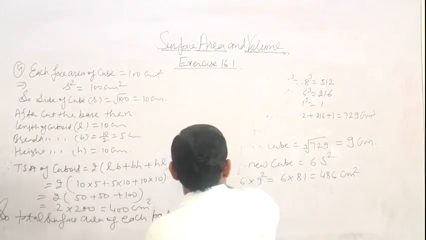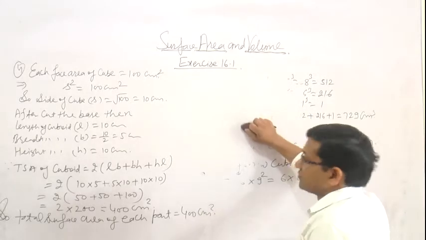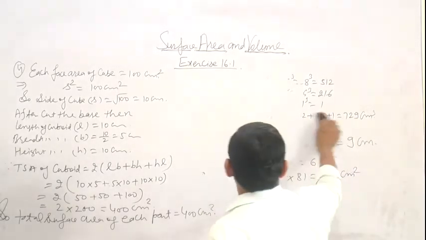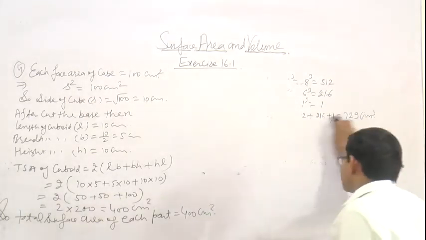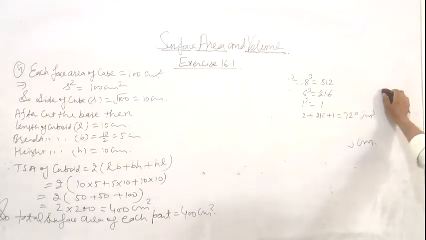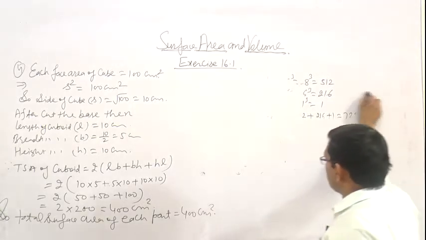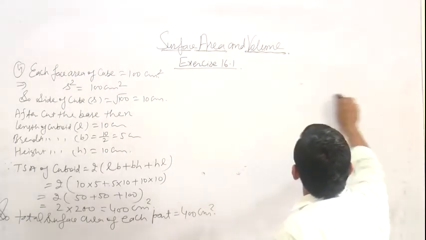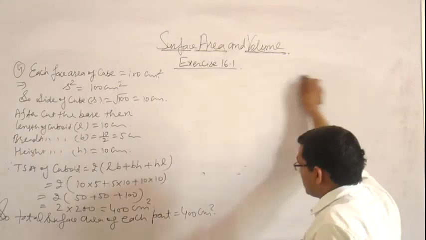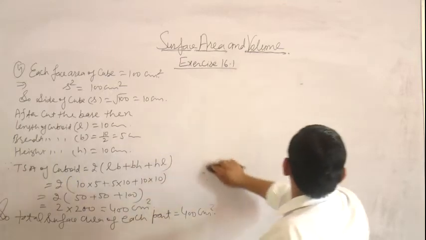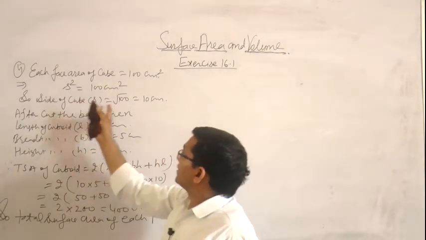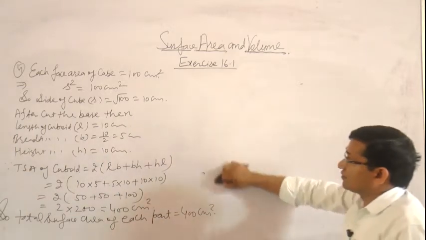So we solve this question by using this method. First we find side of cube, because in this question side is not given. Face area of cube is given. We know that face area of cube is side square, so side square is equal to 100, that is side of cube S is 10 centimeter.